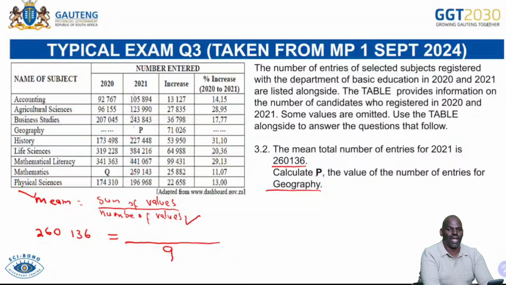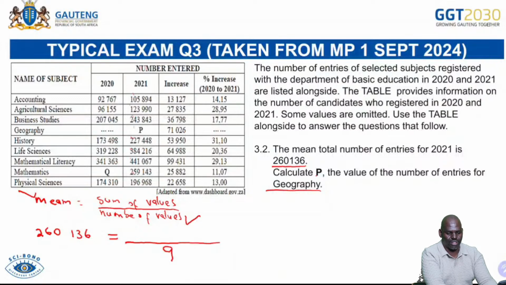After adding up all those 8 values, I'm getting 1, 2, 3, 4, 5, 6 digits. I think I made a mistake somewhere. Okay, let me just add it again, because I'm getting way smaller numbers. So it's 105. Maybe I missed one value.